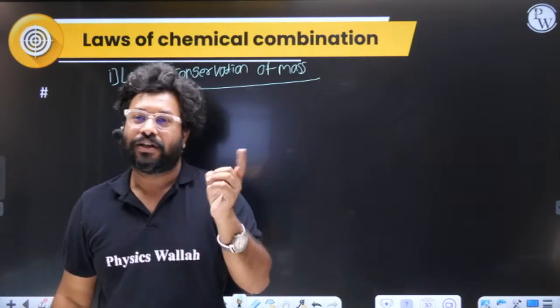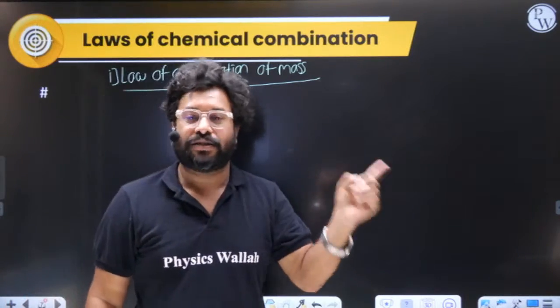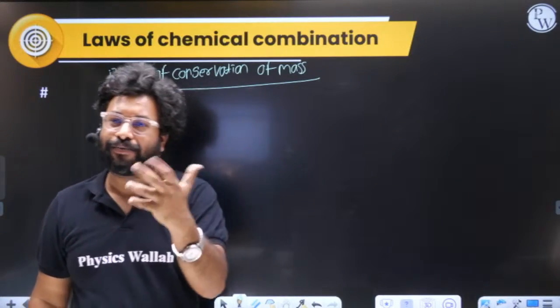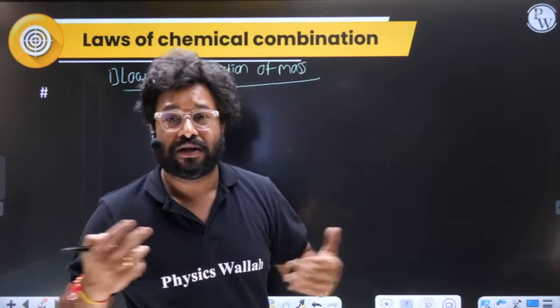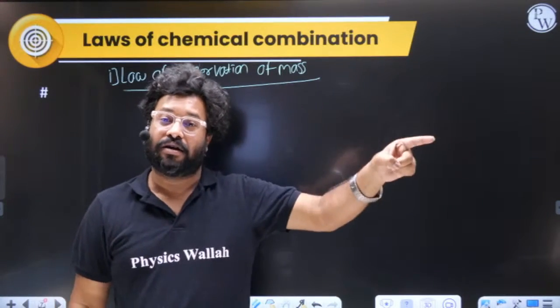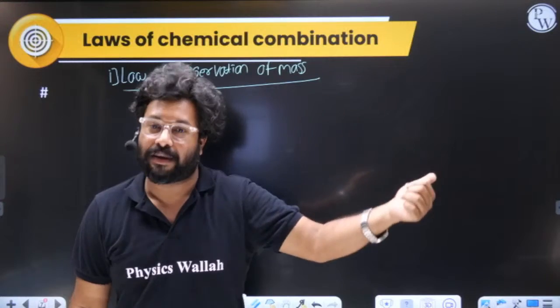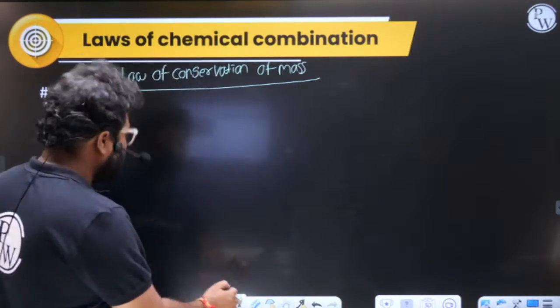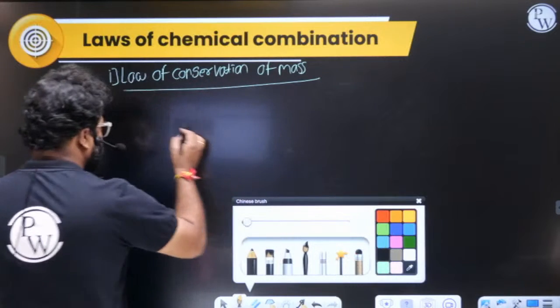That is what the law of conservation of mass says. Now there is an exception to this law as well, but that exception doesn't come into chemical reactions. That exception comes in nuclear chemistry. But right now we are not studying nuclear chemistry. So simply, the law of conservation of mass says what?